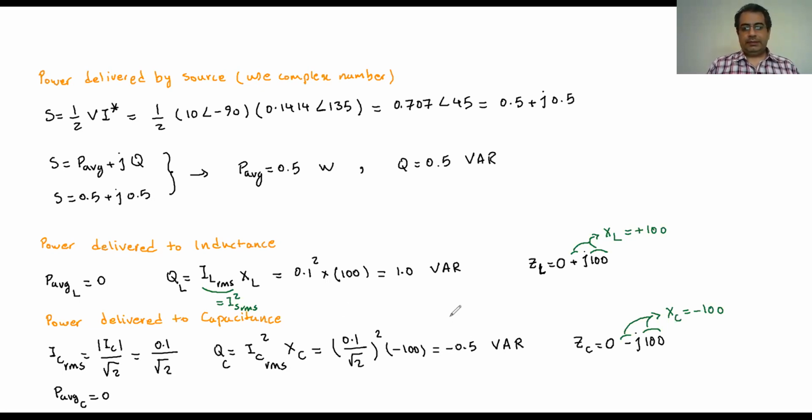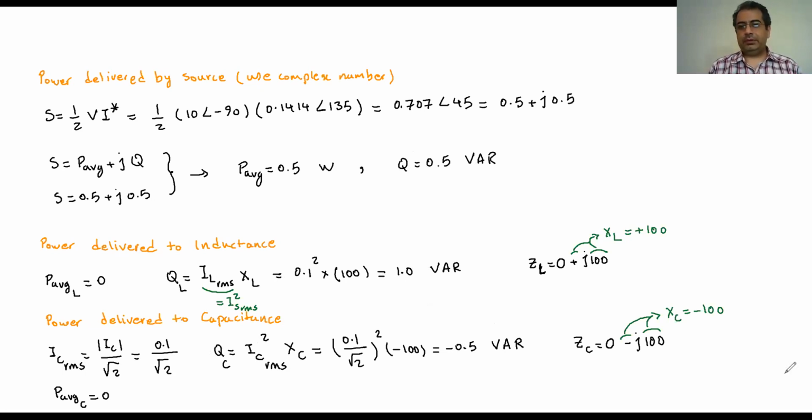If you look at these two, we have 1 and -0.5 here, the QL and QC, and then we have the Q here. So basically all the Q provided by the source is the same as adding the QL and QC together.